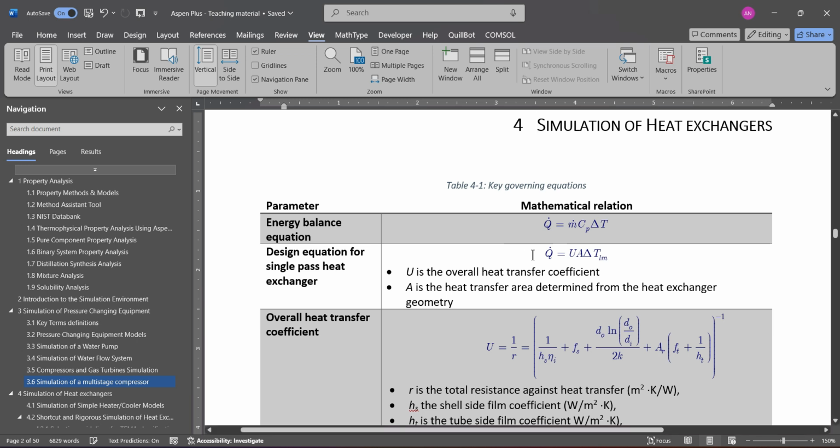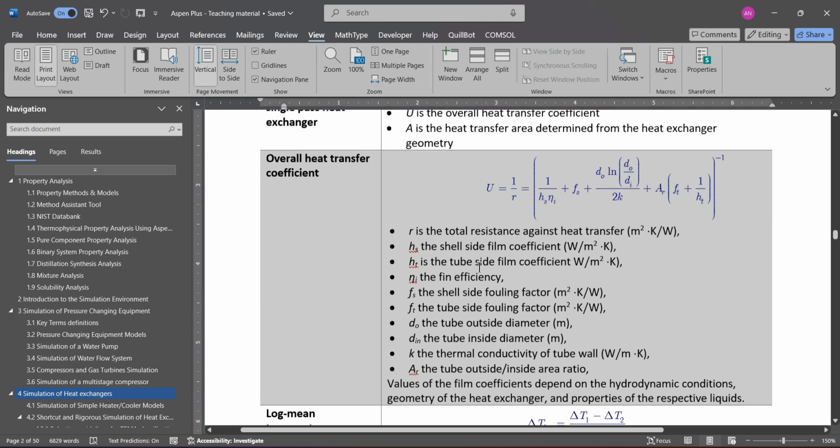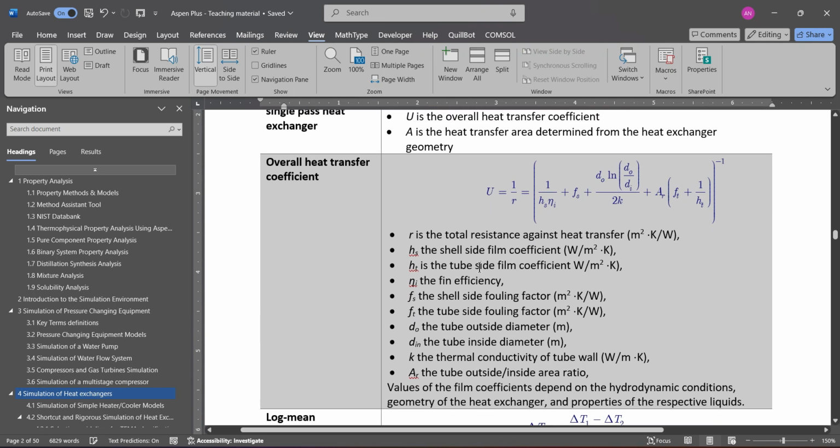Or if there is a heat duty available with us, then assuming some appropriate heat transfer coefficient value, we can determine the area of the heat exchanger. Then the heat transfer coefficient is itself an inverse of the heat transfer resistance, and principally includes 5 different levels of resistances.